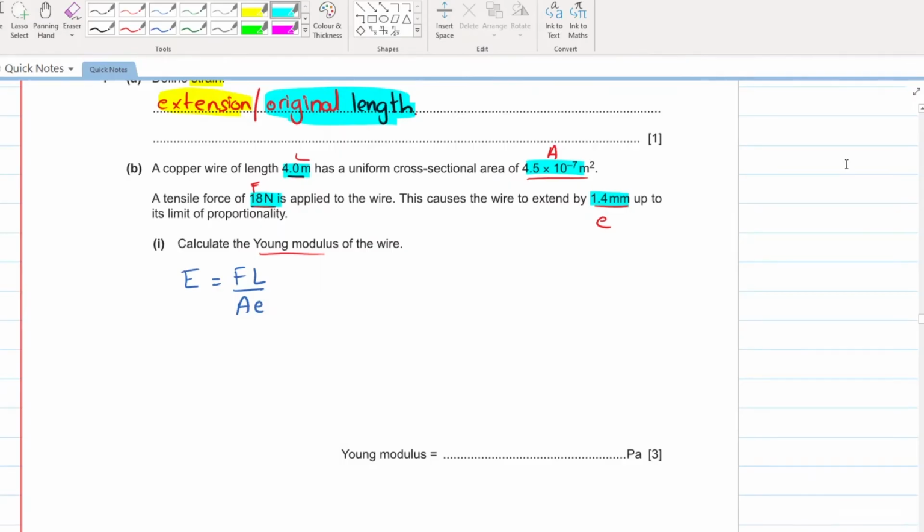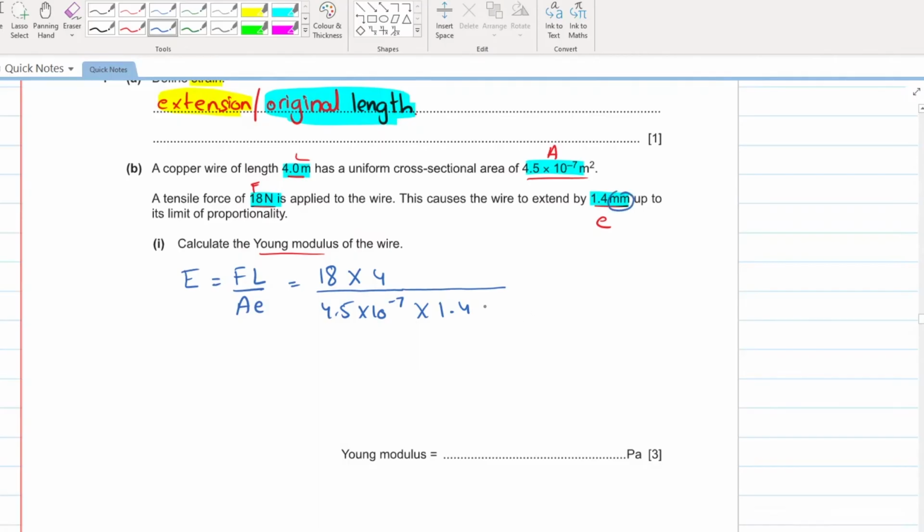So let's do that. Your force is what? 18. Length is 4. Area is what? 4.5 into 10 raised to the power of minus 7. Extension is 1.4 millimeter.